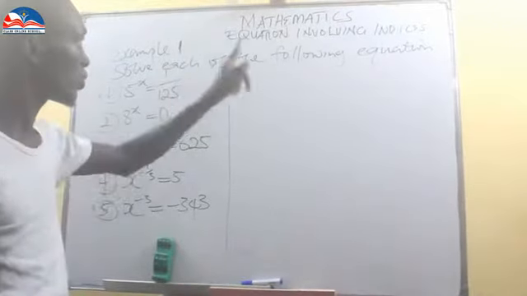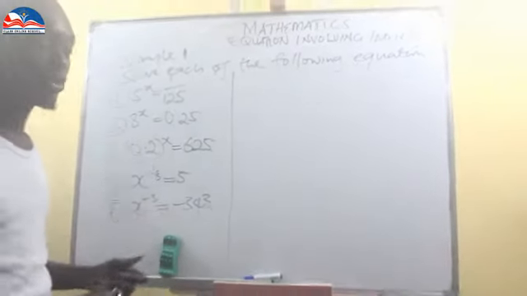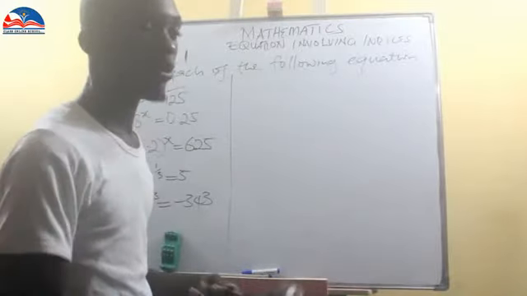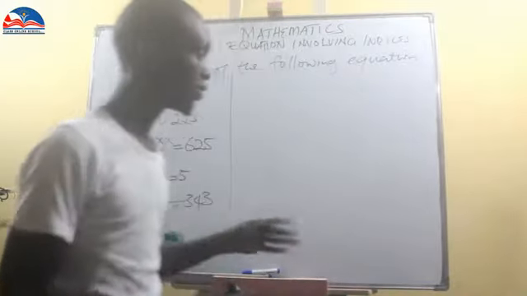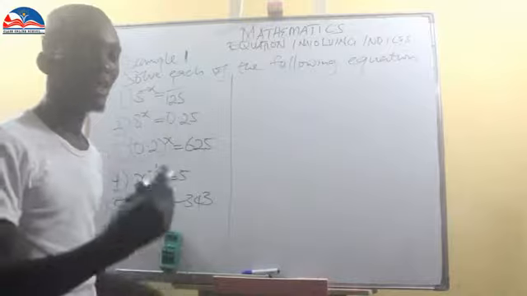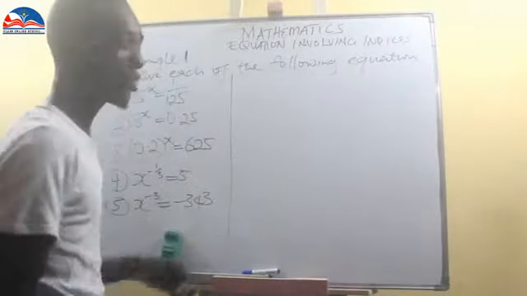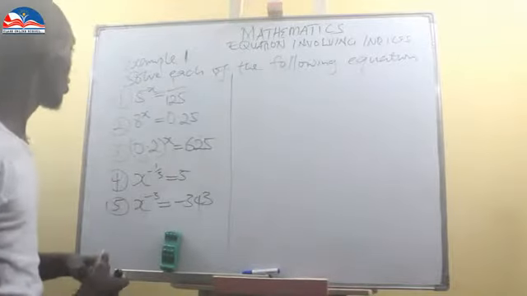That is what is called an equation involving indices. So what you do is apply the laws of indices in this equation, and get the variable x in the equation.